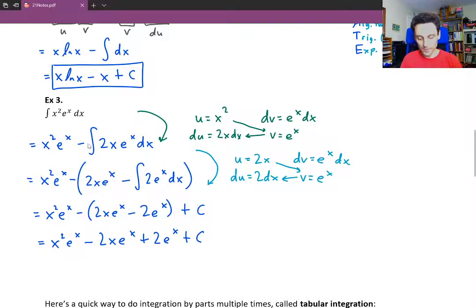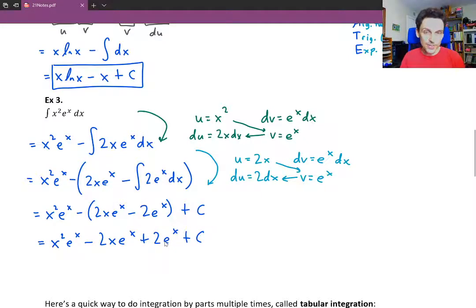The first integral is going to have a negative sign in front of its uv. The uv is talking about this 2x e to the x. And then the last integral is going to have a positive sign in front of its antiderivative.